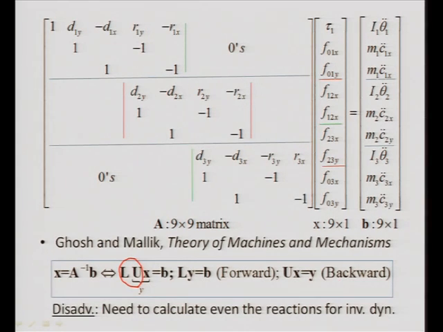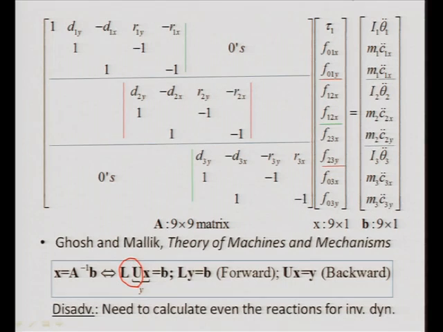Now, one of the disadvantages you may find, for example, if I am interested in inverse dynamics, which means for the given motion how much torque is to be applied, is that along with the torque I am calculating the other 8 reactions. So, this is what is my interest, but I am calculating the other 8 also in this formulation.